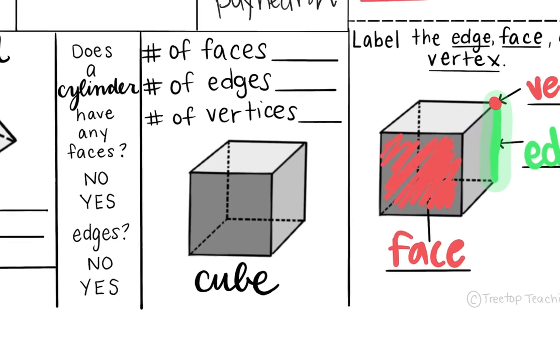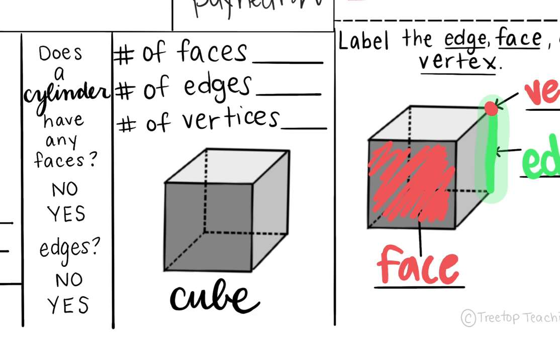So let's look at the cube. It's asking, how many faces does this have, and how many edges, and how many vertices? So if you count out your edges, you should have 12 edges, right? 1, 2, 3, 4, 5, 6, 7, 8, 9, 10, 11, 12. 12 edges.